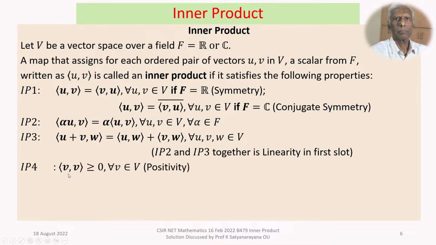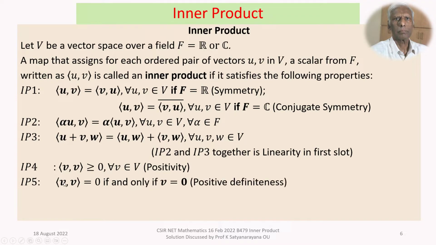The fourth property, the positivity, that is bracket v comma v is greater than or equal to 0 for all v belongs to V. And the fifth property is the positive definiteness, that is bracket v comma v is equal to 0 if and only if v is the 0 vector.